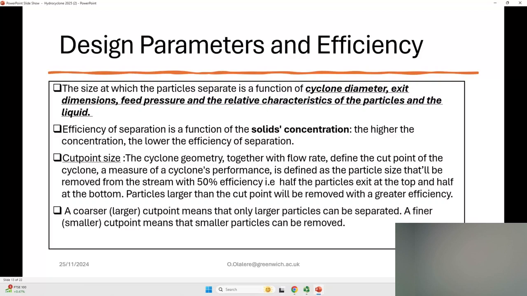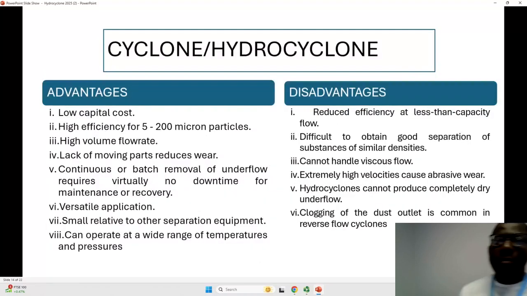The same thing is applicable here. If the cut point size is higher, it means we have more smaller particles and fewer larger particles. I don't know how to explain more, but don't worry, when we get to the calculation part, you will understand better.